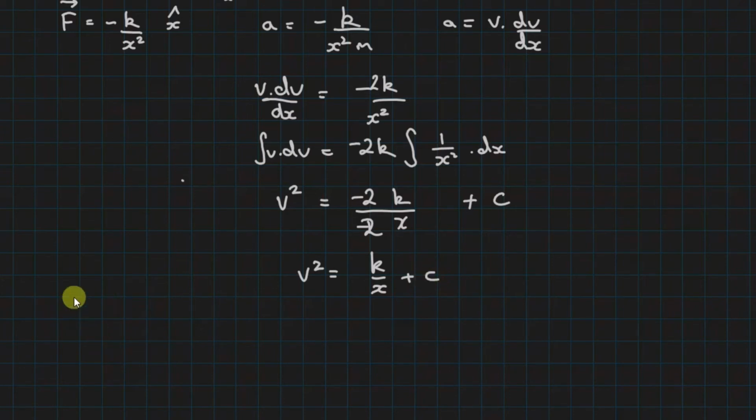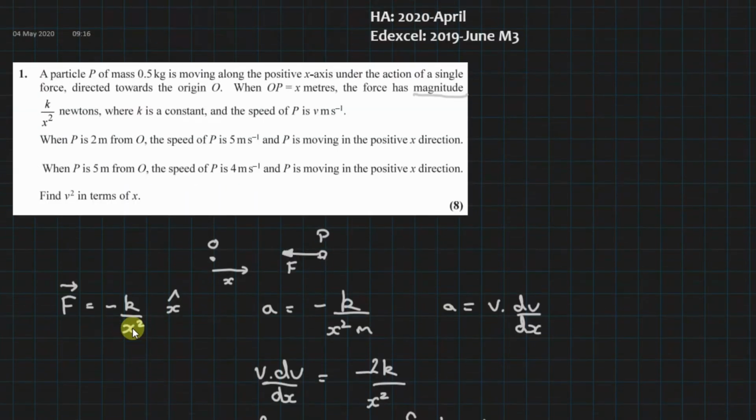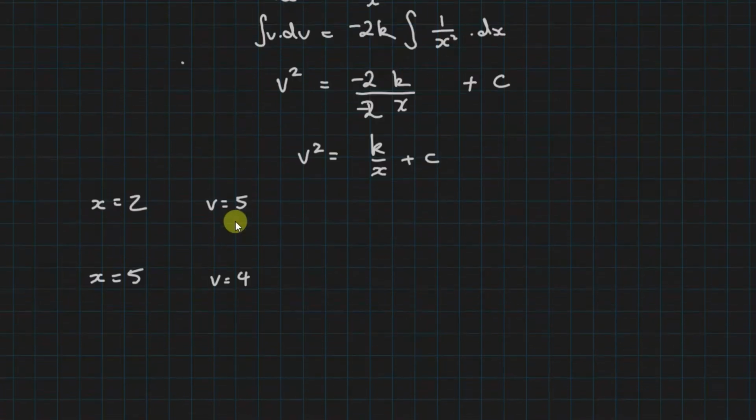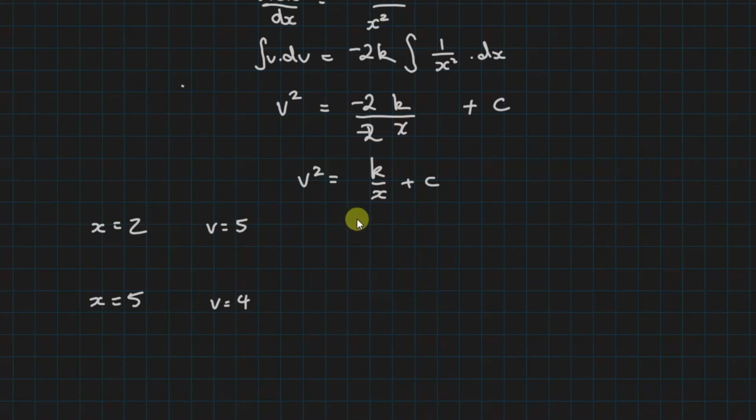And now we put our values in. So when x is 2, I think v was 5, and when x is 5, v is 4. Each of these gives us an equation that we can use to solve our simultaneous equations. So I substitute them into the system.